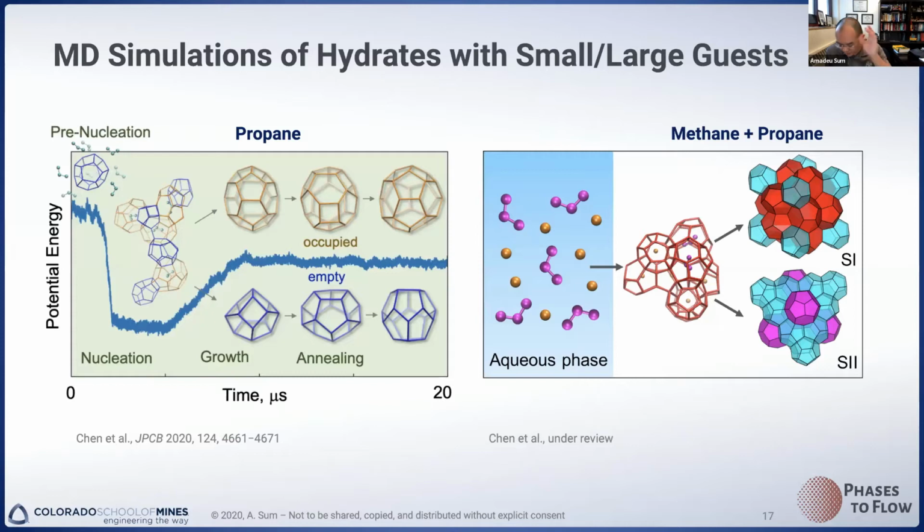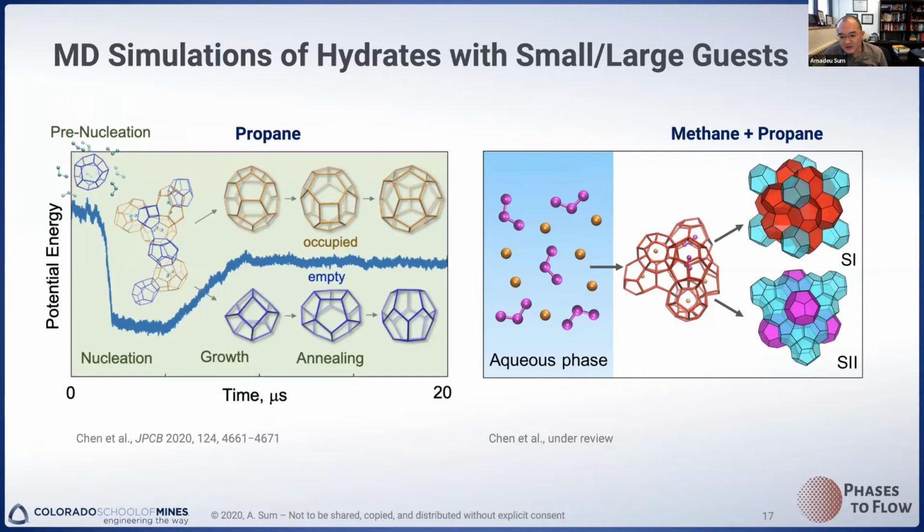These are just two graphics to represent a couple of the things that we have done. For the propane system, we have carried out simulations up to 20 microseconds to see the annealing, but nothing really happens even in that time frame, which is long for simulation, but of course in real time it's not long.